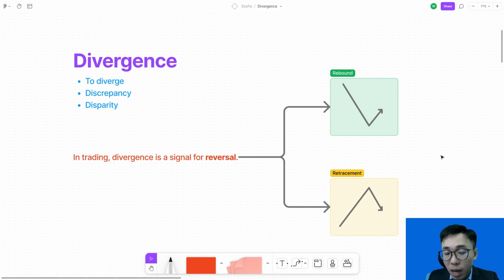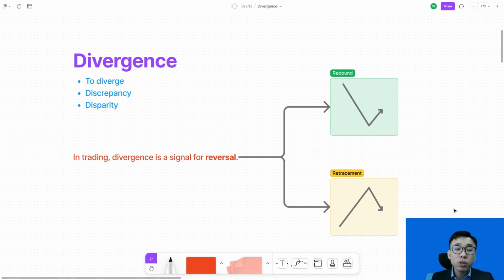So these two cases, in terms of short-term movement, are known as reversal, but they have two different names depending on the long-term trend direction. If the long-term trend direction is a downtrend and you undergo a reversal, then it's known as a rebound, and vice versa.